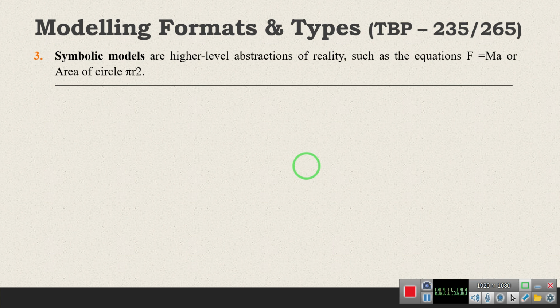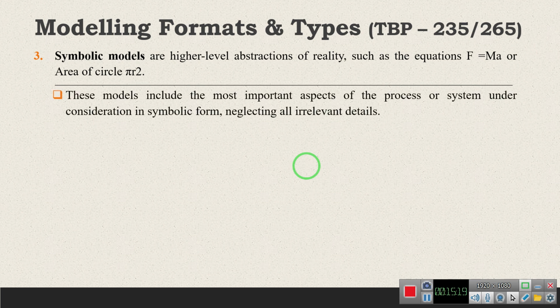Here we are not creating the actual solution, we are not creating an object, we are just analyzing its equivalence in a symbolic way. Means we are writing its equations. These models include the most important aspects of the process or system under consideration in symbolic form, neglecting all irrelevant details.